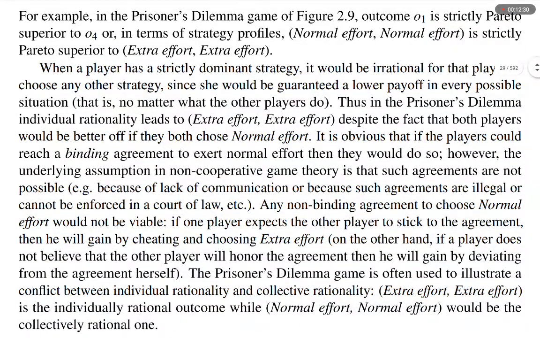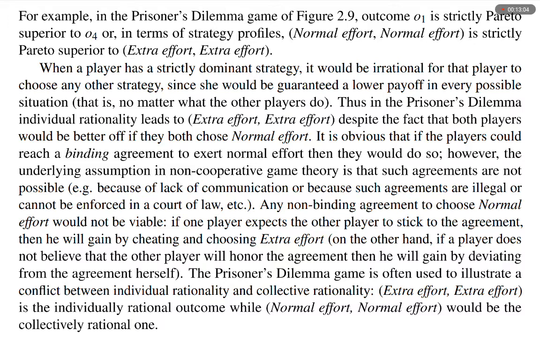When a player has a strictly dominant strategy, it would be irrational for that player to choose any other strategy, since she would be guaranteed a lower payoff in every possible situation. That is, no matter what the other players do. Thus, in the prisoner's dilemma, individual rationality leads to extra effort, despite the fact that both players would be better off if they both chose normal effort.